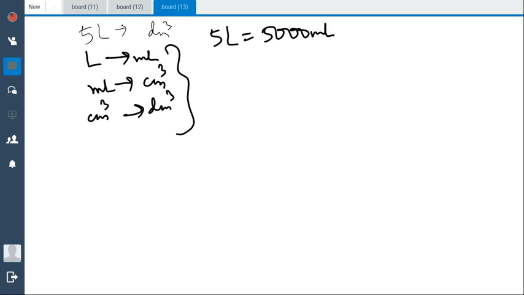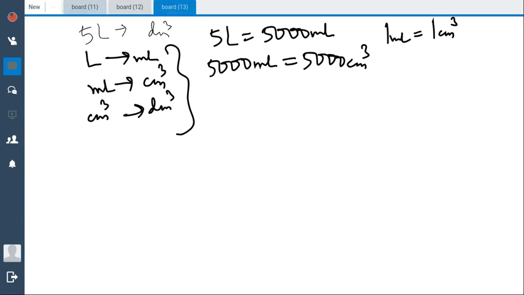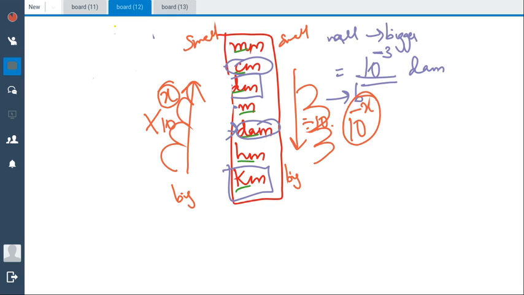Then, I told you already, 1 milliliter is equal to 1 centimeter cube, so 5,000 milliliters will be equal to 5,000 centimeter cube.